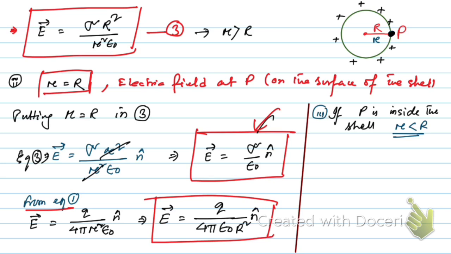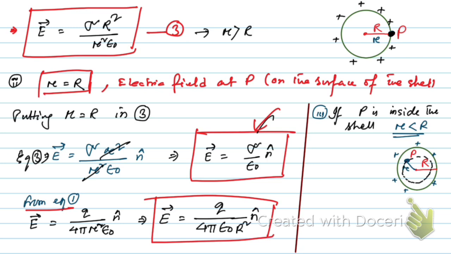So here you see, in this case, if you draw the Gaussian surface here, then this Gaussian surface doesn't include any charge, because the charges are distributed over the surface of the shell only. So that's why if you draw a Gaussian surface through this point P, which is inside the shell, the charge inside the Gaussian surface is gonna be 0.